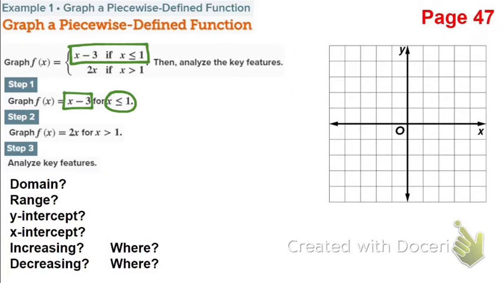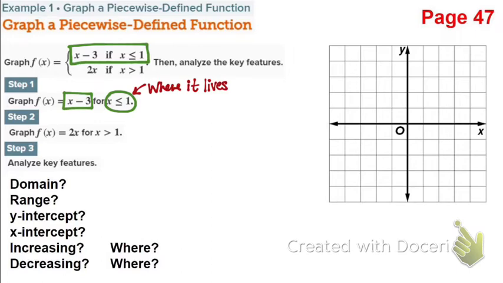Which of those parts do I look at to tell me where it lives on the graph? Do I want to look at the x minus 3 or the x is less than or equal to 1? This tells me where it lives. I want to go in and draw my fence. I'm going to draw a vertical line that goes through the x-axis. Where will I draw that vertical line at?